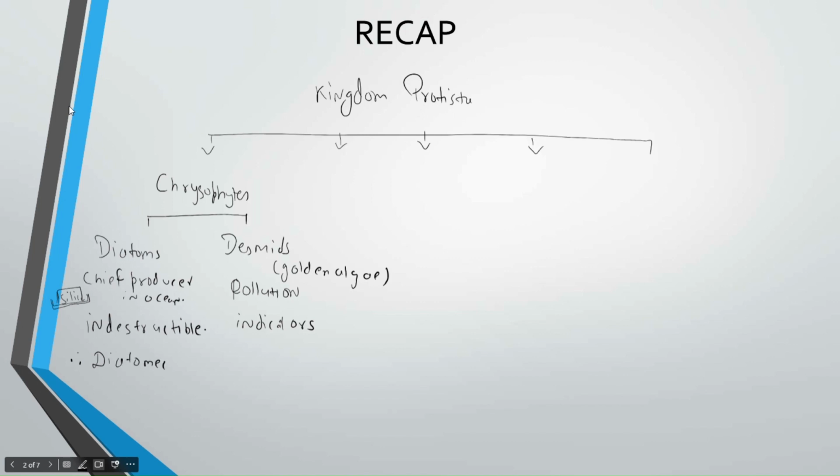Diatomaceous earth is used for polishing, filtration of oils and syrups, and also for shining things. That's it. We have studied about chrysophytes.